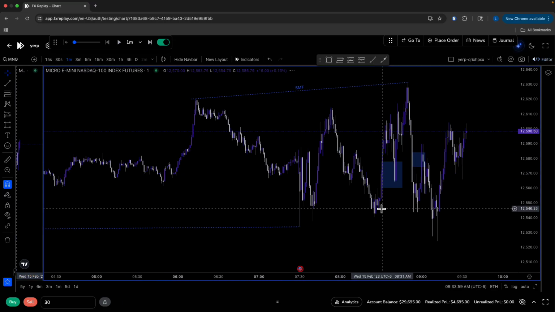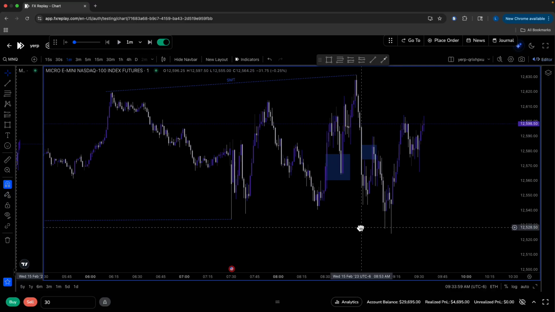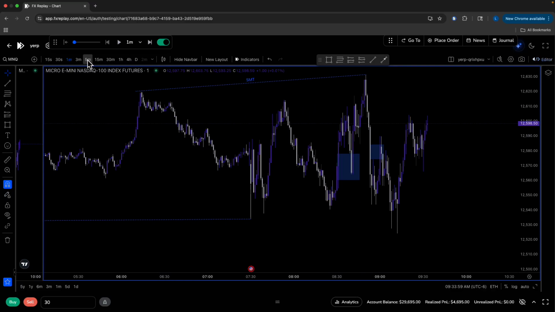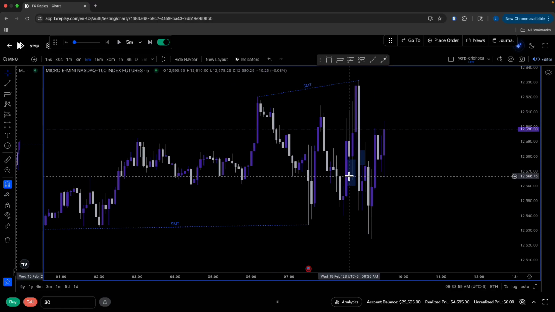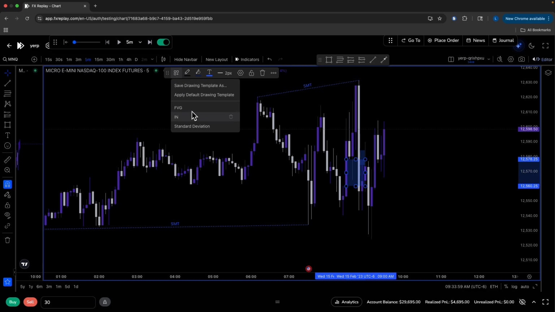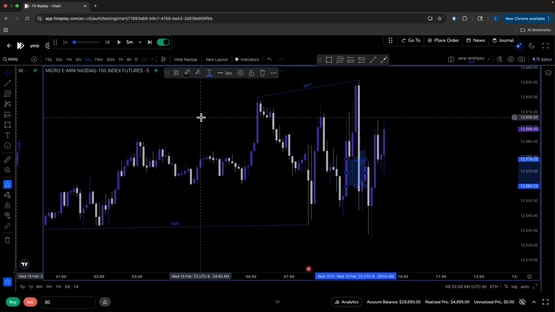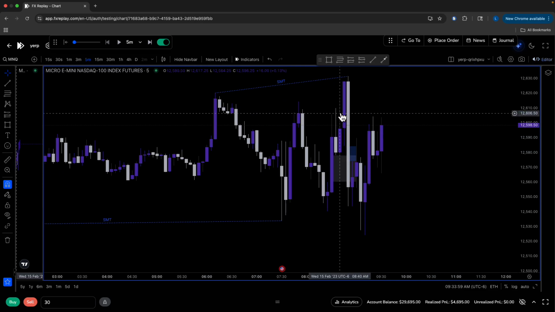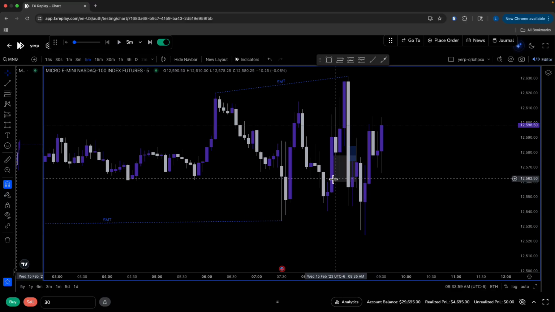Once we see this bearish SMT, I want to see what the reaction is. I want to see, do we want to move lower from here? I see the 5 minute fair value gap that I was initially looking at to take the long. This is the fair value gap that I'm looking to get run if we're going to be bearish. So I mark this out, and as you can see, the 5 minute candle here ends up closing below this fair value gap.